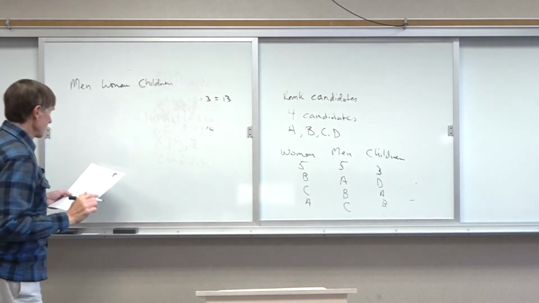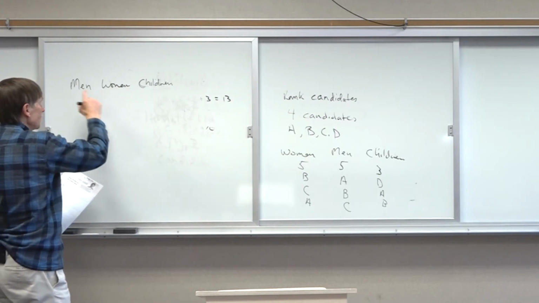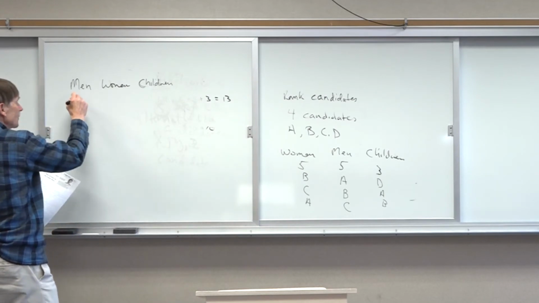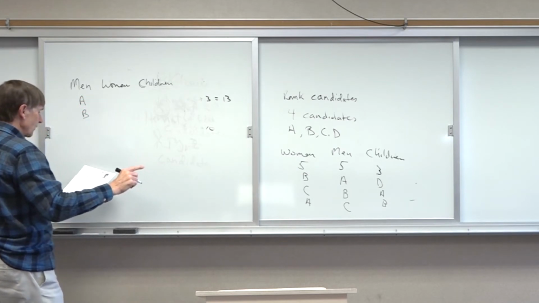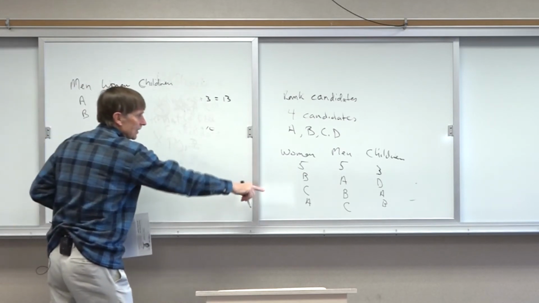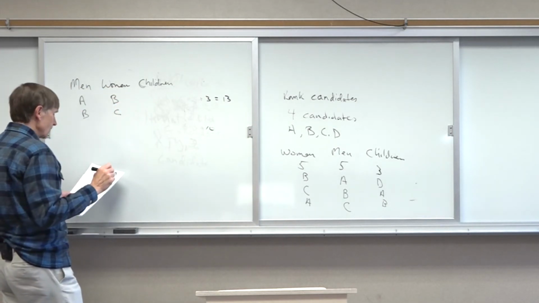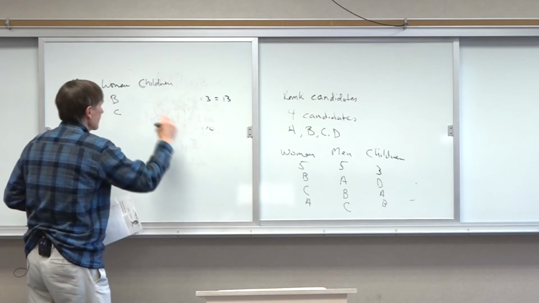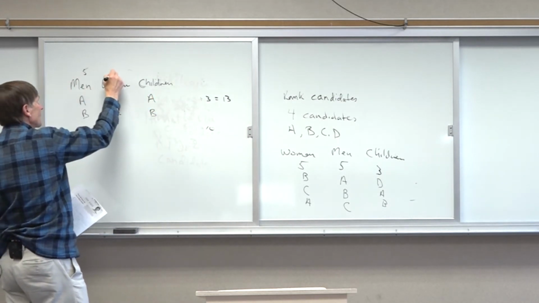And now if we take the men's rankings, it's going to be A and B, right? Now for the women, again, it's B and C. And for the children, D's gone, so it's A and B. And again, remember there's 5, 5, and 3.